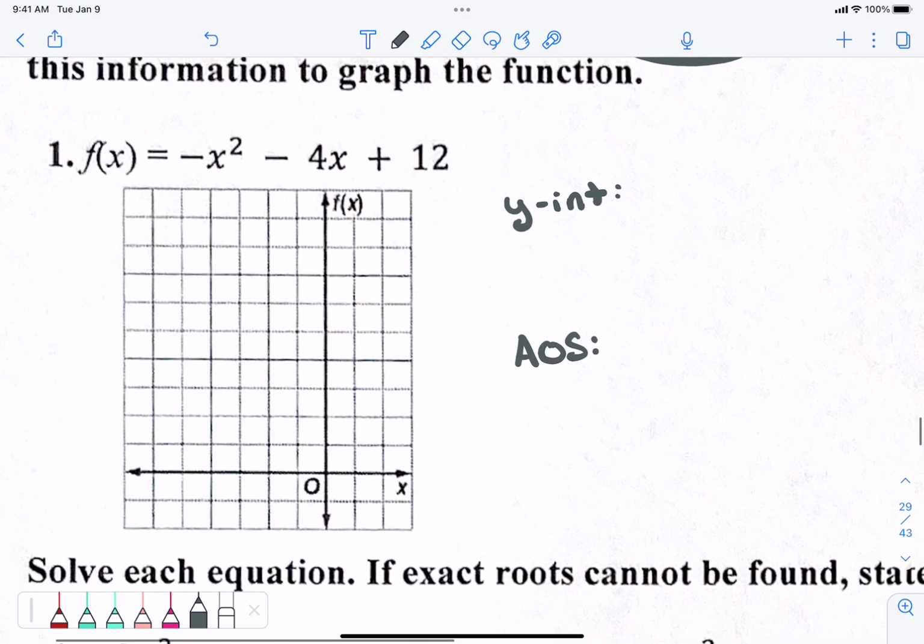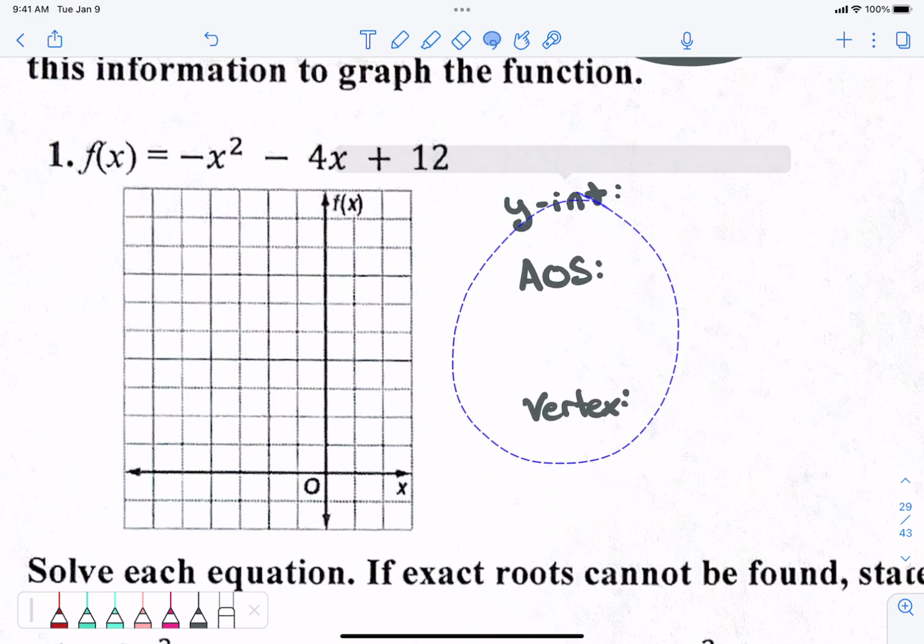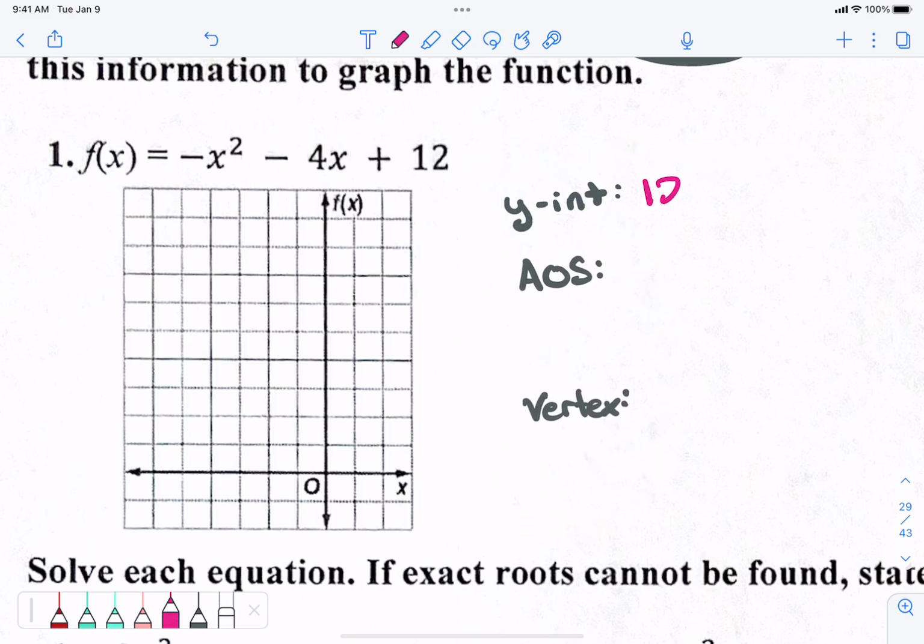Okay, we know the y-intercept. Let's move this. The y-intercept is 12. Do I have room for 12? 2, 4, 6, 8, 10, 12. 12 is up there above the 4.